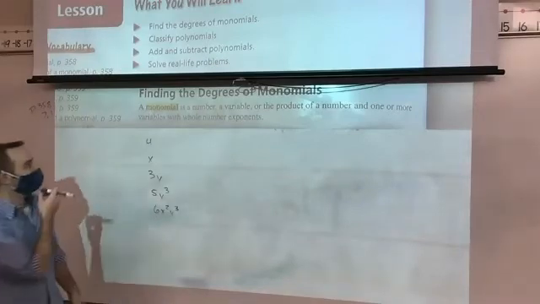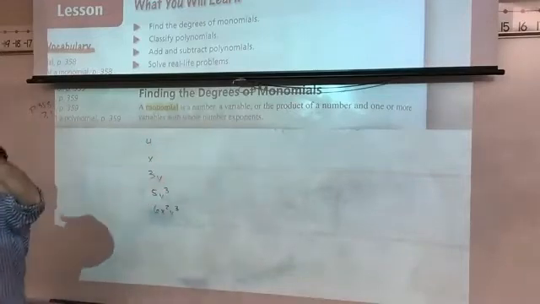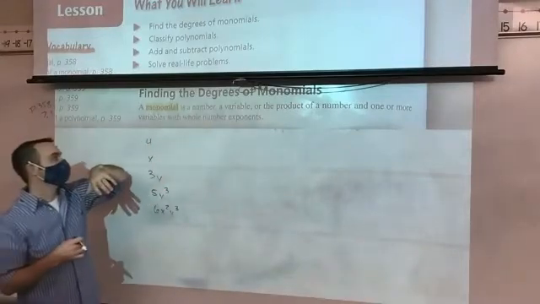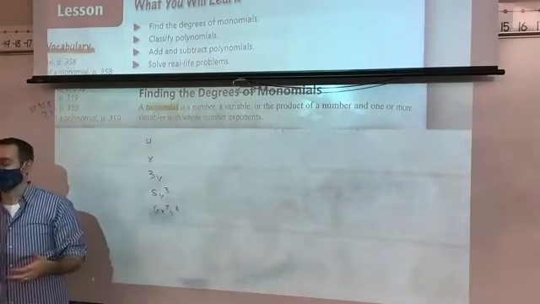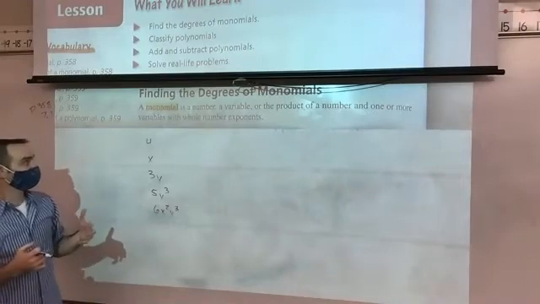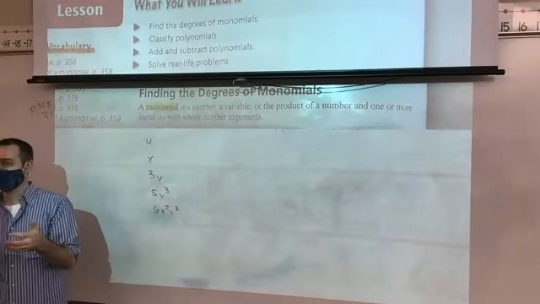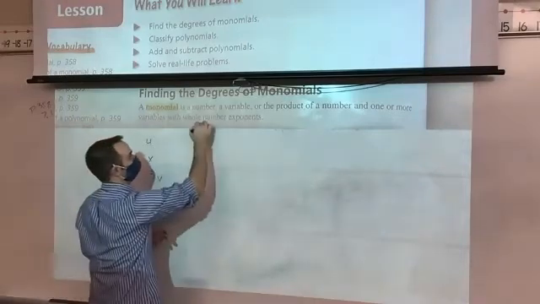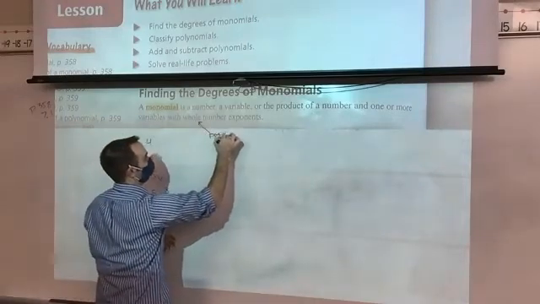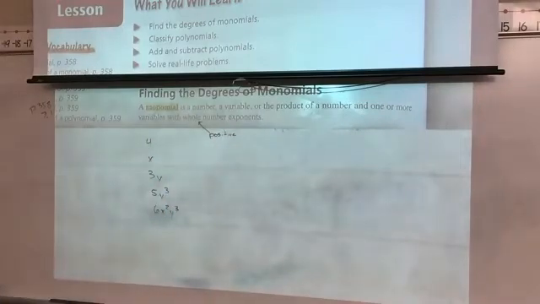The other thing to point out: when we see the word whole number, we tend to think of that just meaning no decimals, no fractions, which is true, but in mathematical speaking, whole number means it has to be positive as well. So no negative exponents, no fraction exponents, and nothing else weird going on.